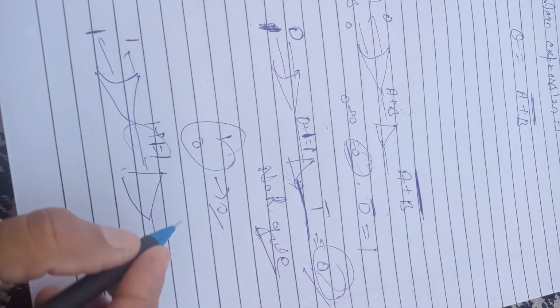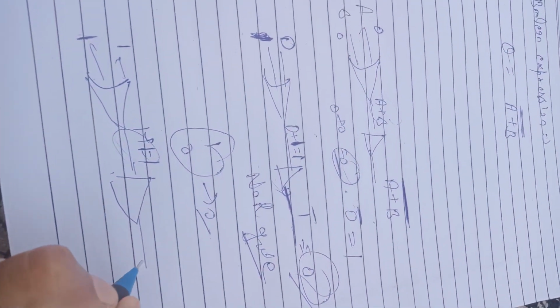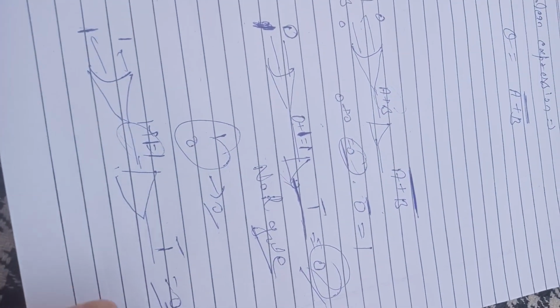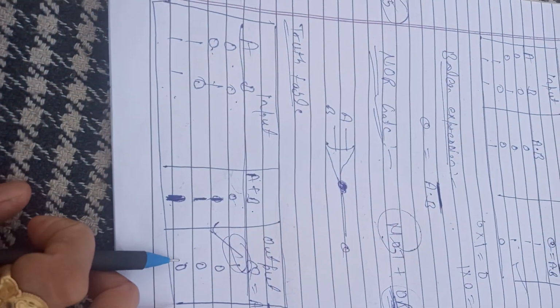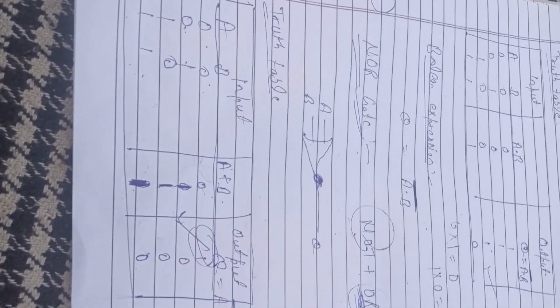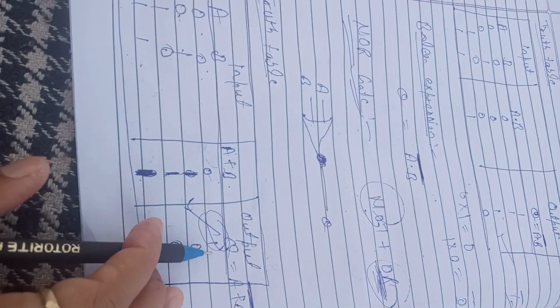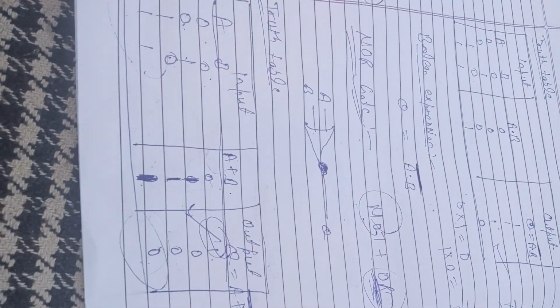The NOT gate gives the reverse of the input, so the bar of 1 is equal to 0. So in the NOR gate, when both inputs are 1, it gives the output 0. When both inputs are 0, it gives the output 1, and when both inputs are 1, it gives the output 0.